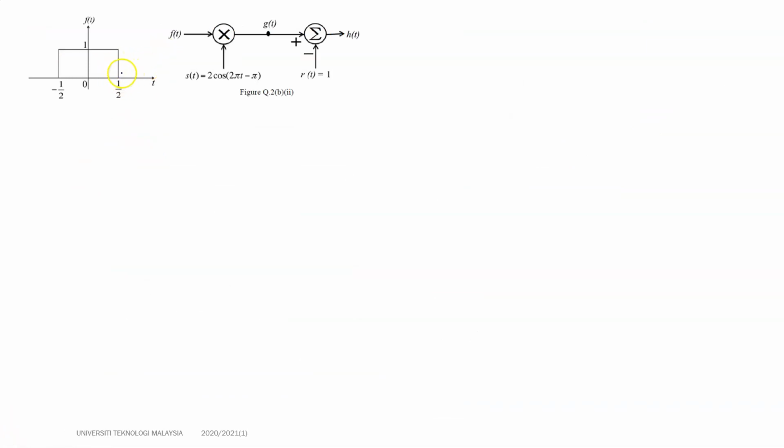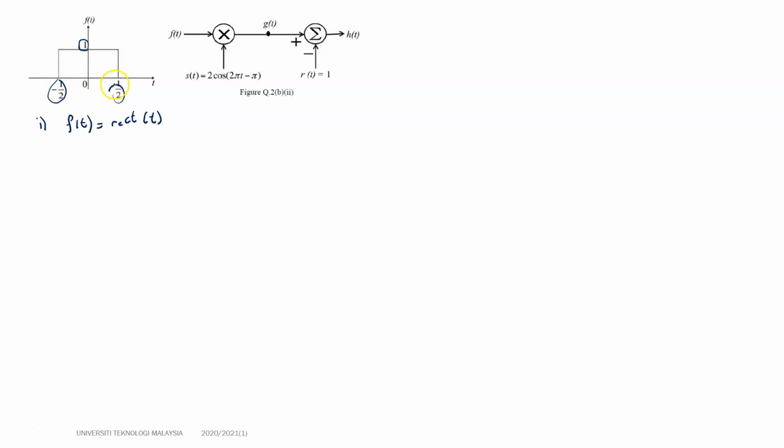Looking at the system here again, we have to find the equation for g(t). So first we have to find the equation for f(t). So f(t) here is rect(t). This is a standard form for a rectangle in which it has 1 as the magnitude, and it has 1 over 2 here.